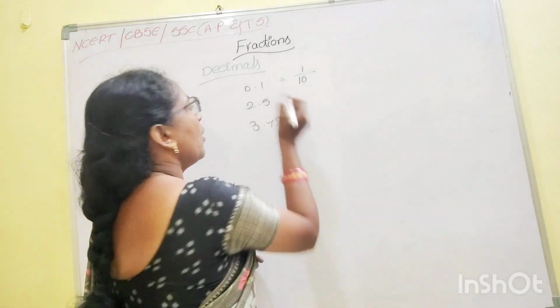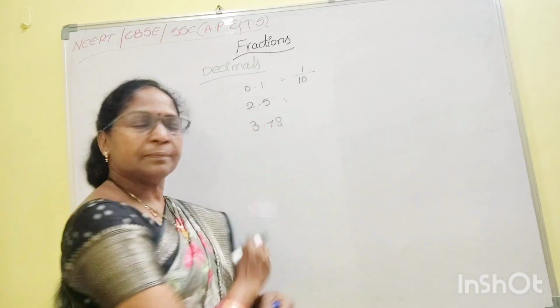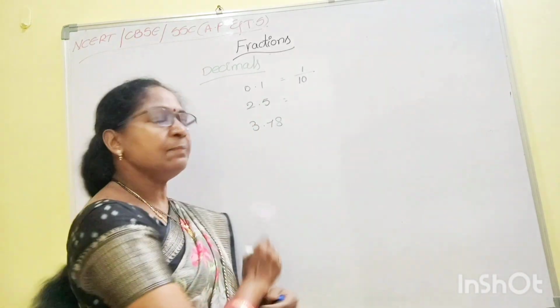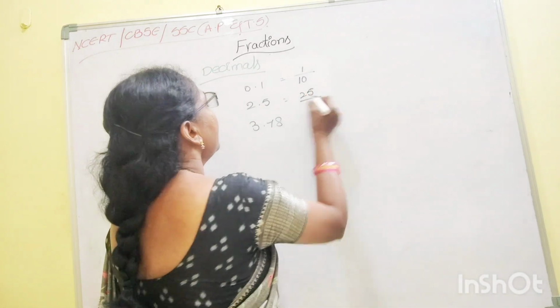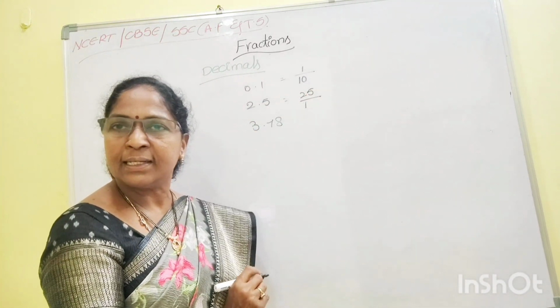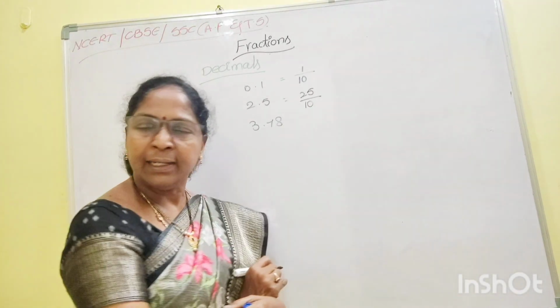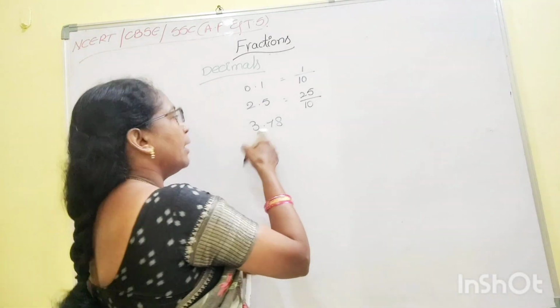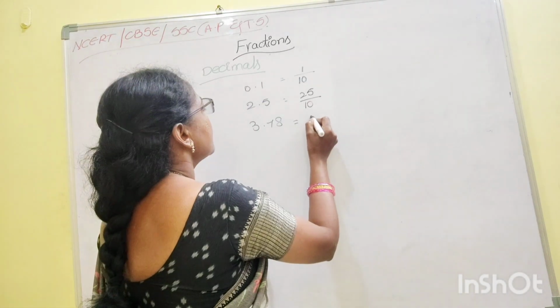Here 2.5. Remove the decimal point. Write that number as it is. That means it becomes 25. So 25 divided by 1 first you write, and after the point how many digits are there? 1 digit. So put 1 0. 25 by 10 is the answer. Now here 3.78. Remove the decimal point.